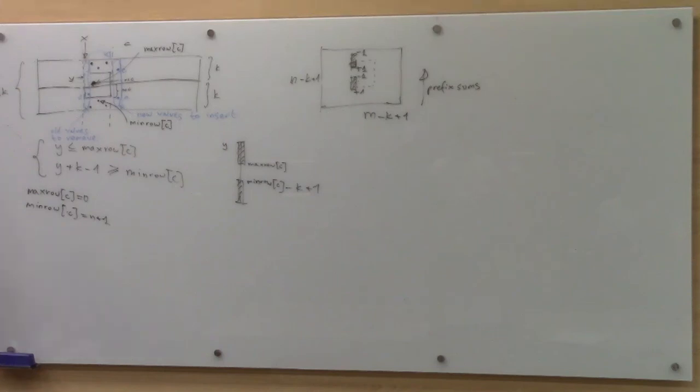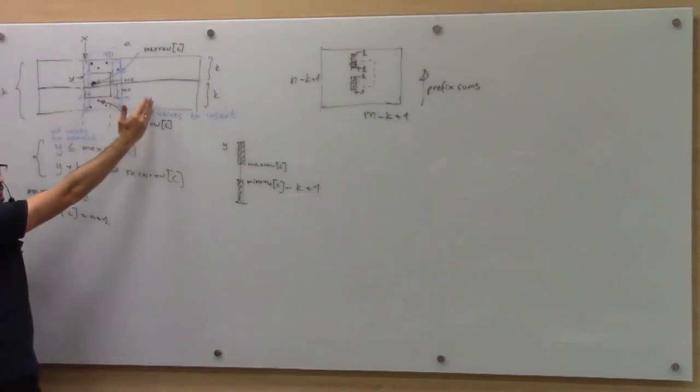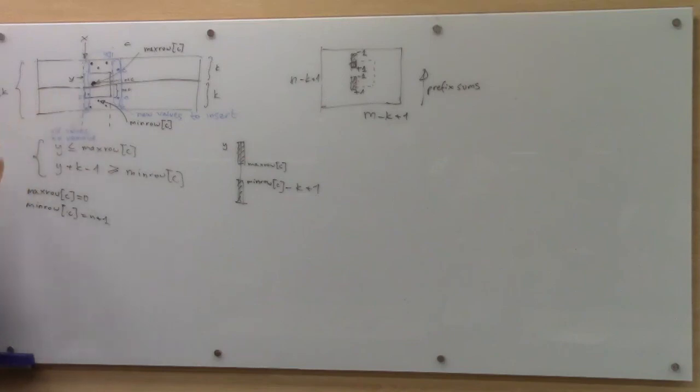So once again, these insertions and removals are not arbitrary. We are only inserting from one side, and we are removing from the other side. So we are just making a sliding window here, adding elements from one side and removing elements from the other side.